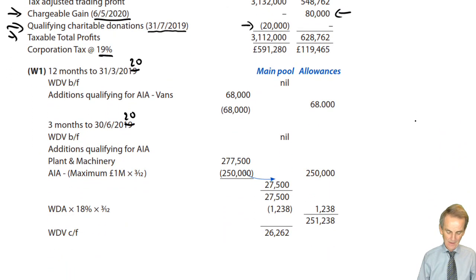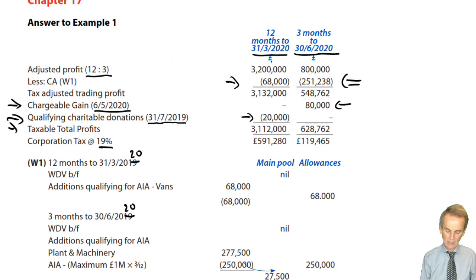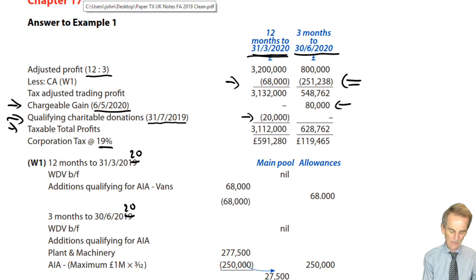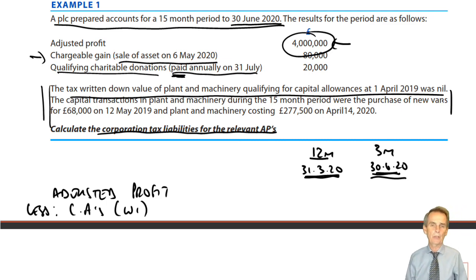So over we go. We know that the first accounting period is the 12 months to March 20, and of course the question had told us that the tax written down value at the start of that period was nil. Presumably, what has happened is we have claimed AIA at 100% for everything we previously bought, and therefore there's no tax written down value remaining.